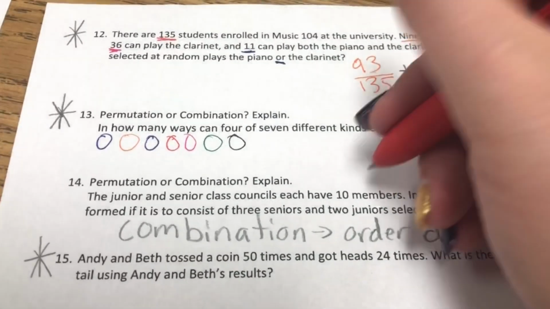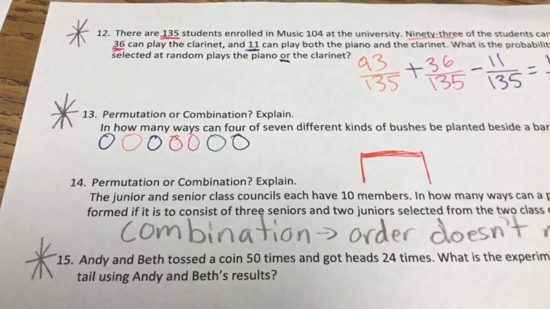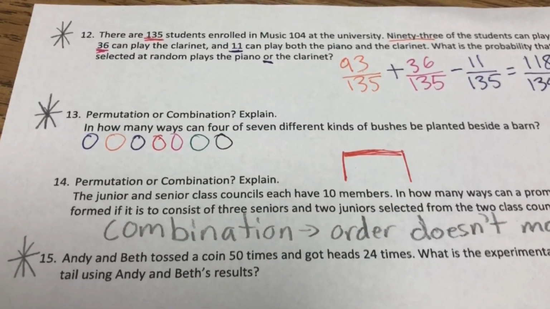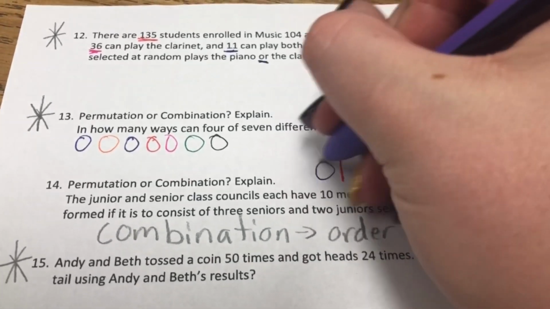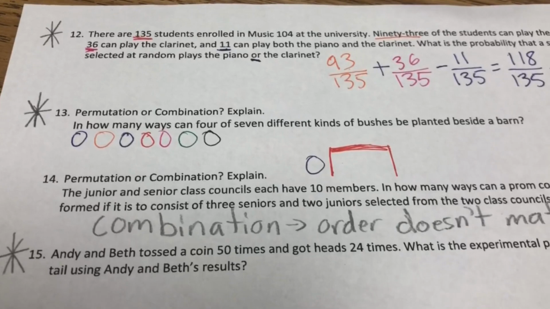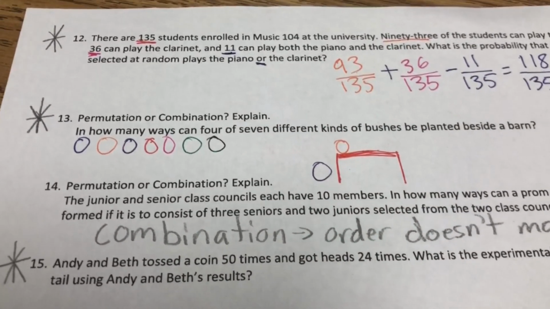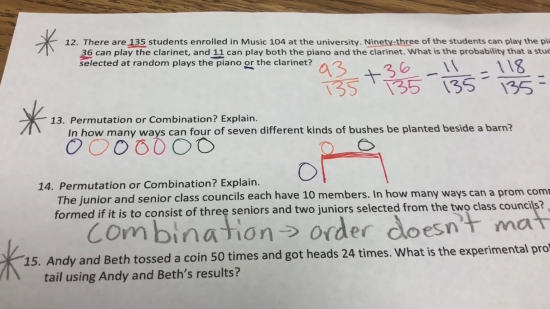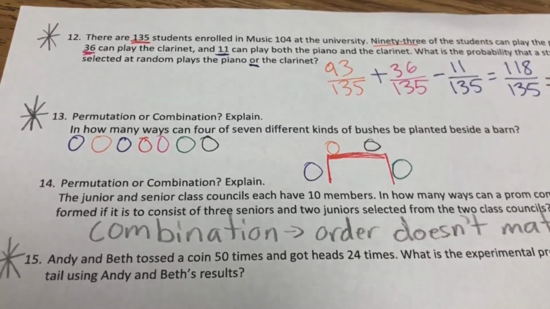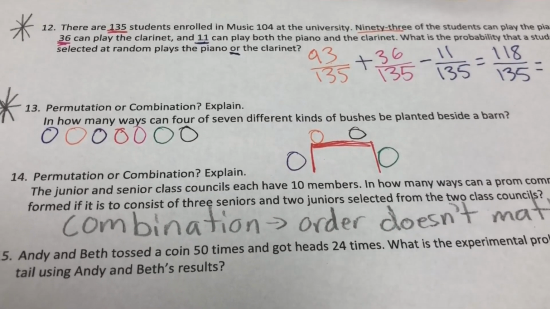And your barn is over here. Now, what if you took your purple bush and planted it here, your orange bush here, black one here, and your green one here? So that is one possible outcome.